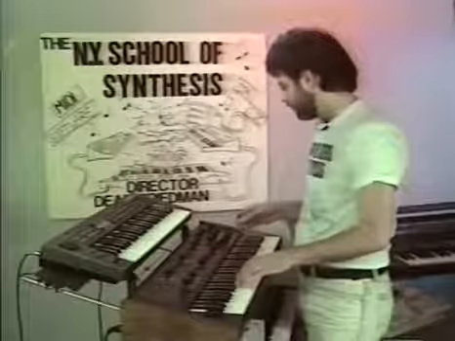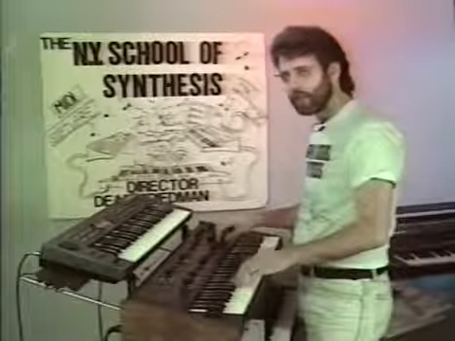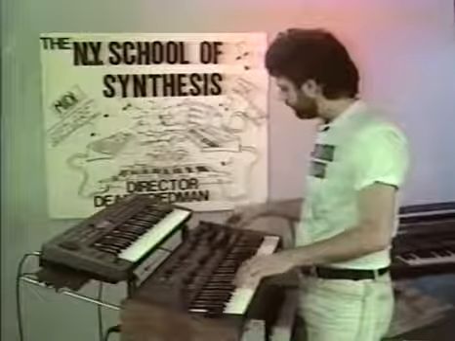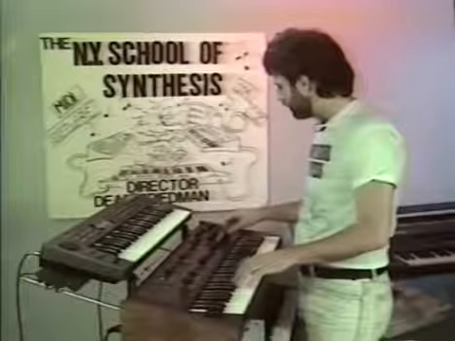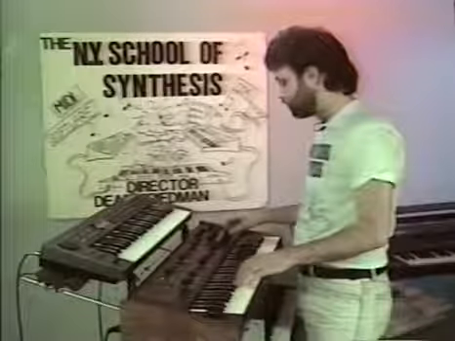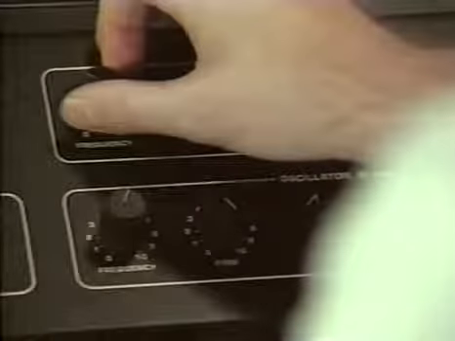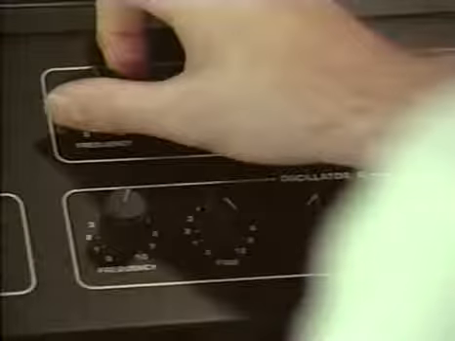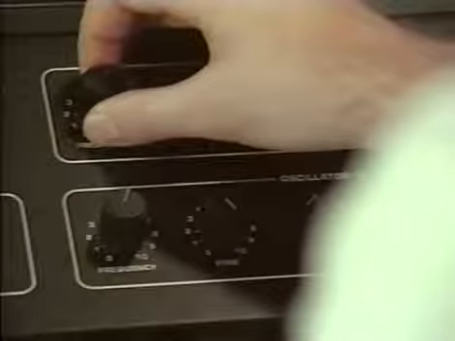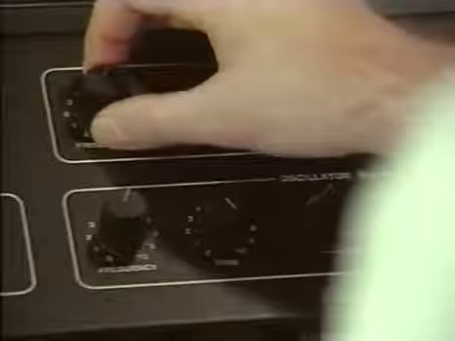First, I'll design a basic bell-like envelope. A short attack and a long release. Now, using my knowledge of pitch, I'll dial up a high frequency. Almost bell-like, but not quite.